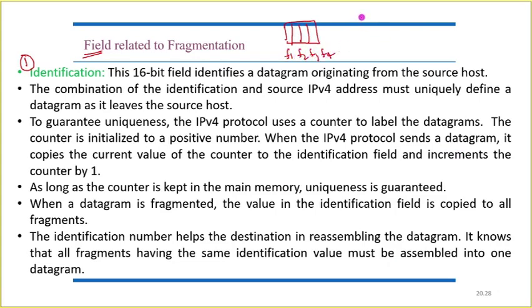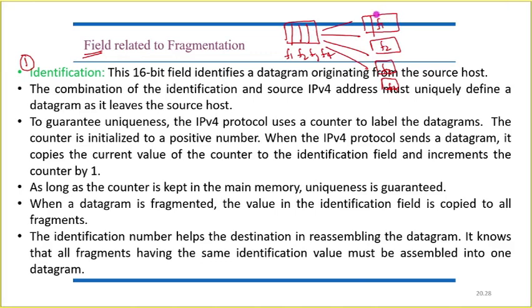All the fragments will have different headers. Each of the fragments, fragment 1, 2, 3 and 4, will have a header and data. Each fragment of the larger datagram is itself another packet.